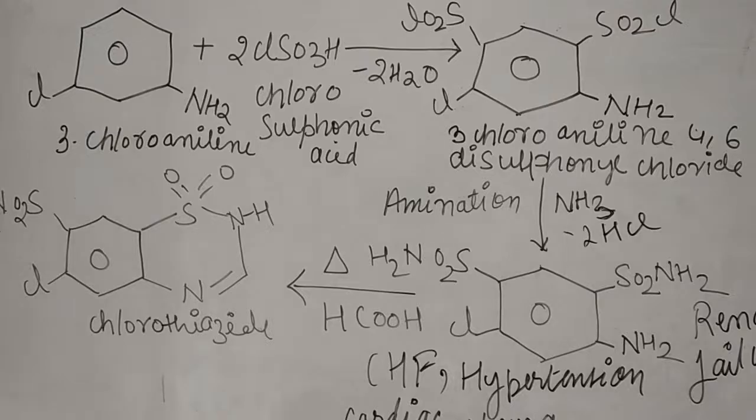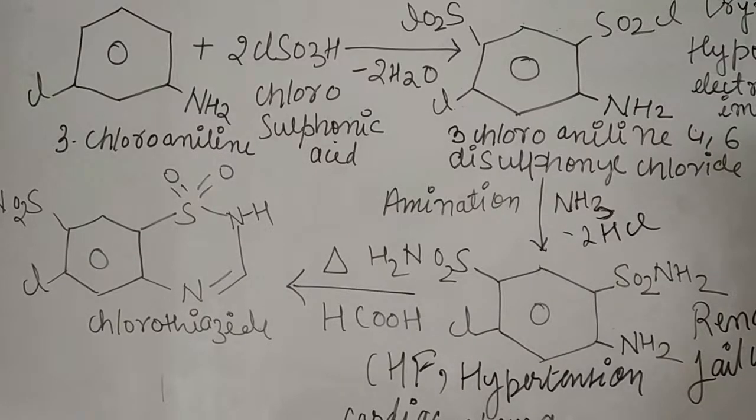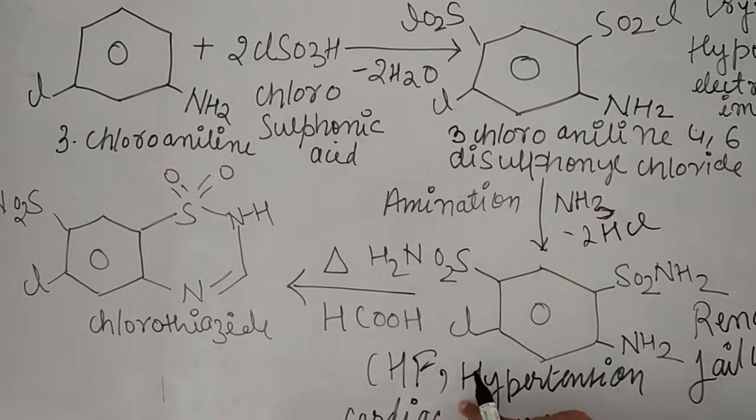Now what are the adverse effects? The adverse effects for thiazide derivatives are electrolyte imbalance, dry mouth, thirst and hypotension. So these are the adverse effects. This is the medicinal use and this is the adverse effect of chlorothiazide derivative.